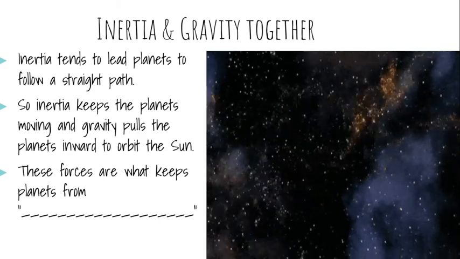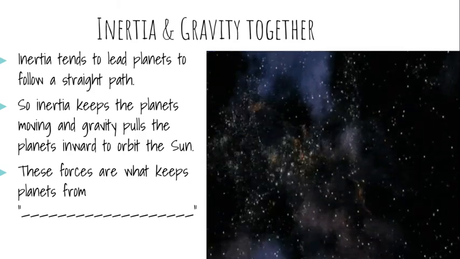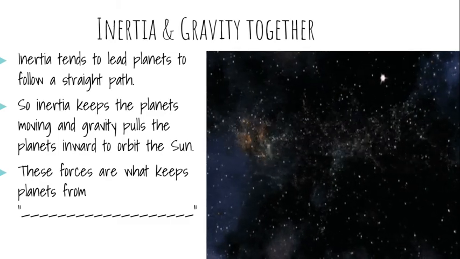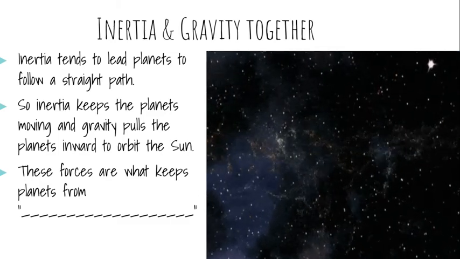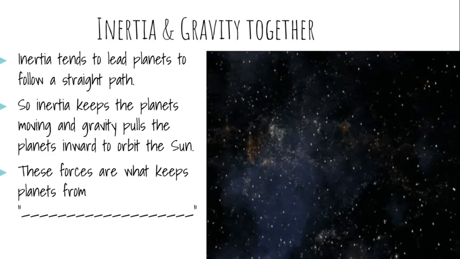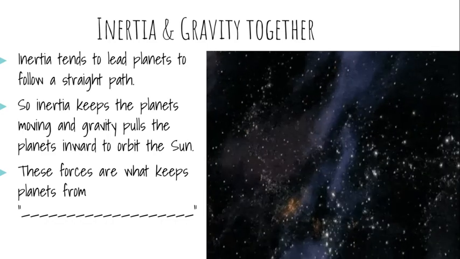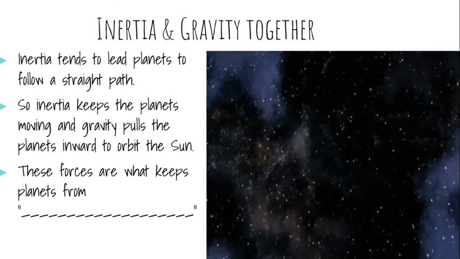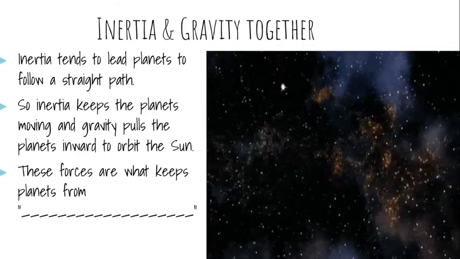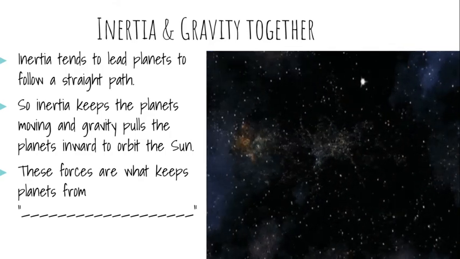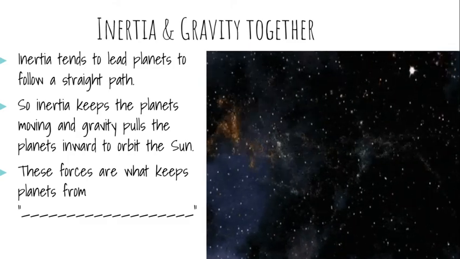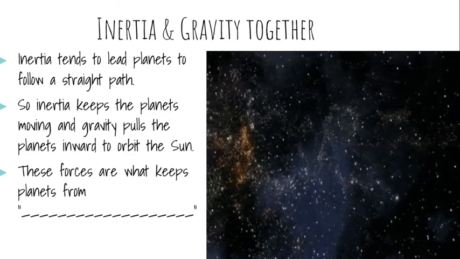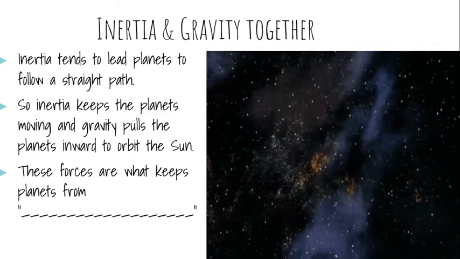So, the big thing that we need to get is, how do inertia and gravity work together? Well, inertia helps to lead planets to follow a straight path, right? An object in motion will remain in motion. If we think back to the Big Bang, to that sudden expansion, if there's nothing to stop those planets and things being formed from moving, they're going to continue to move because of inertia.